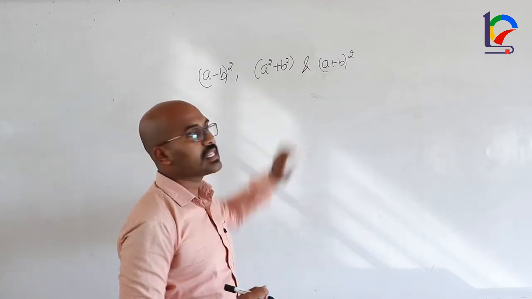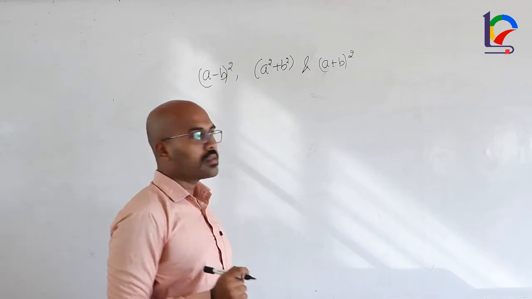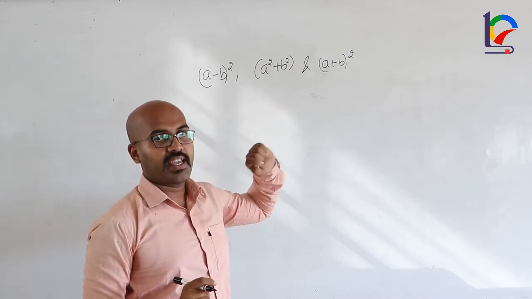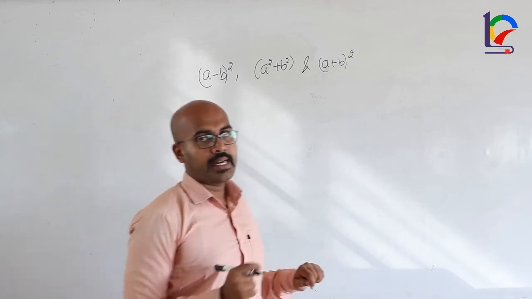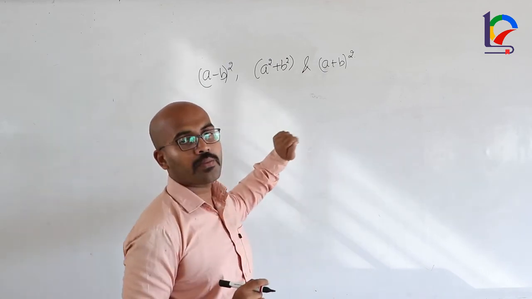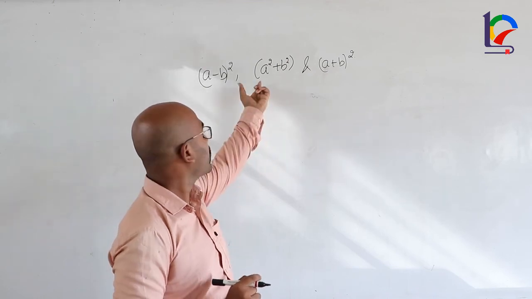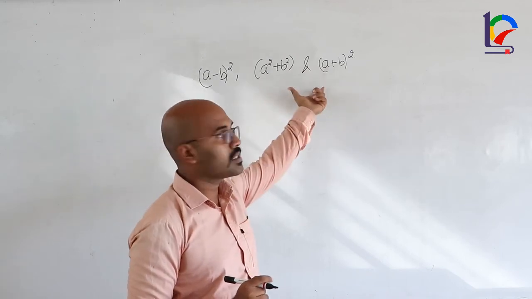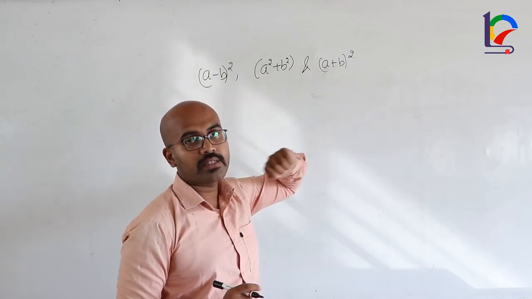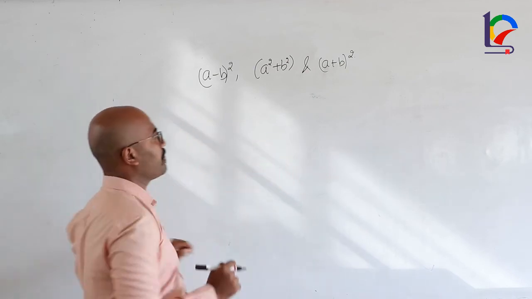They have asked us to prove that these are in AP. As I told in the earlier class, to prove an arithmetic progression, we first need to find the common difference between the second term and the first term, and between the third term and the second term. If the common difference is the same, then obviously it will be an arithmetic progression.